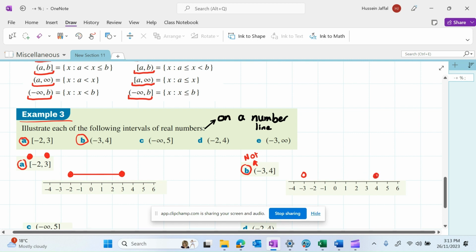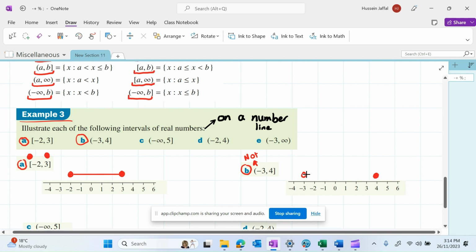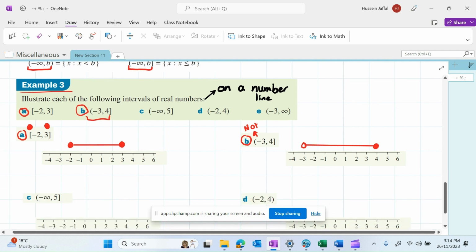At 4, you have to close the circle, and then you draw a line between them. This means the values that represent this interval are from -3 but without -3. That means excluding -3 all the way up to 4, including 4, because at 4 you have square brackets.